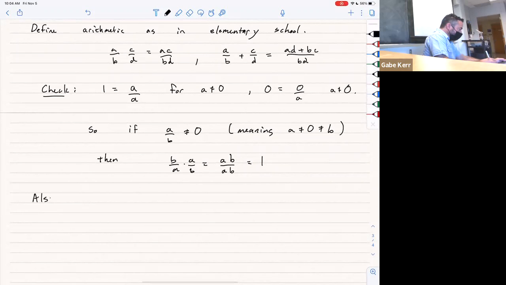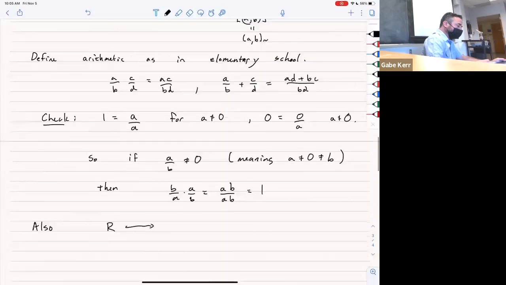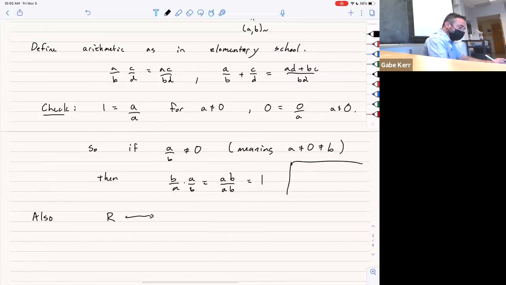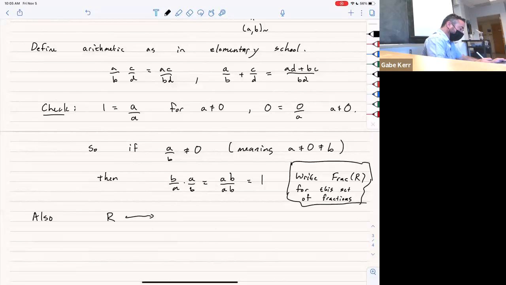Also, we can take our ring and we can actually injectively map it to this new thing. I'm going to call this new thing something now. There are a lot of different notations, I like this one best right now. Fractions, field of fractions of R. So really it is the set of equivalence classes, but okay.